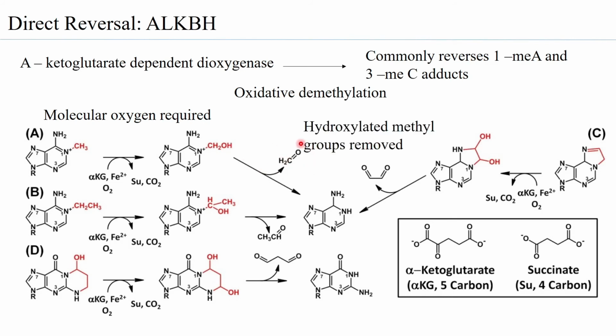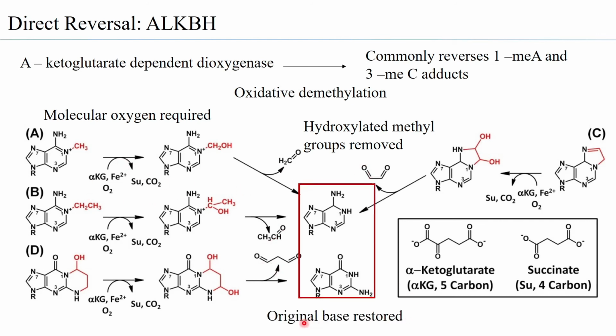So here you can see that this is formaldehyde that is being removed. Thereby you can have different hydroxymethylated groups that can be removed, but eventually what you will get back is the original base, and that is extremely important.